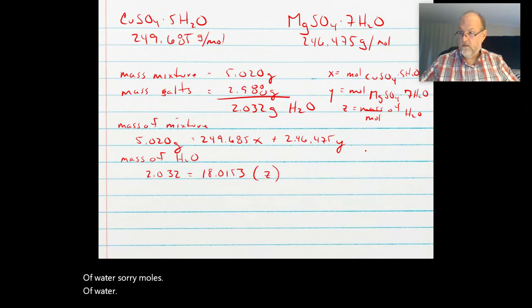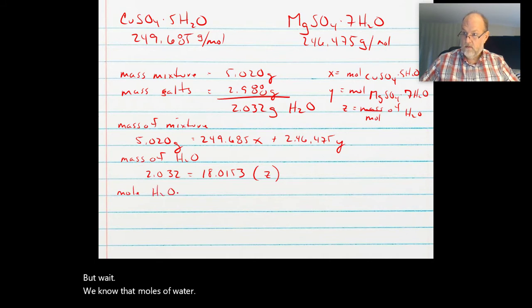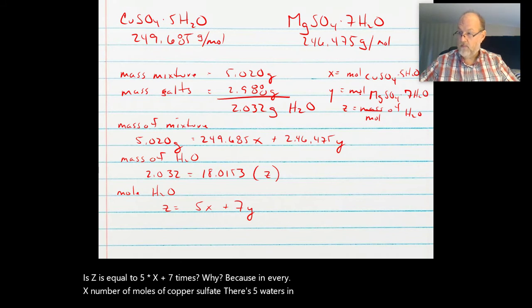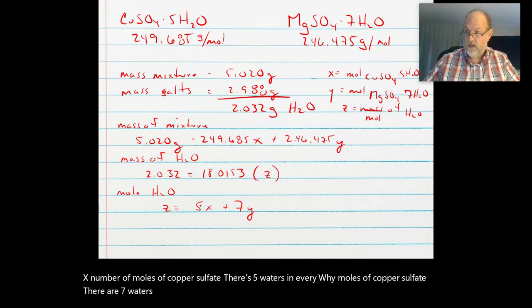But wait, we know that moles of water Z is equal to 5 times X plus 7 times Y, because in every X number of moles of copper sulfate, there's 5 waters. In every Y moles of magnesium sulfate, there are 7 waters. So Z happens to be 5X plus 7Y.